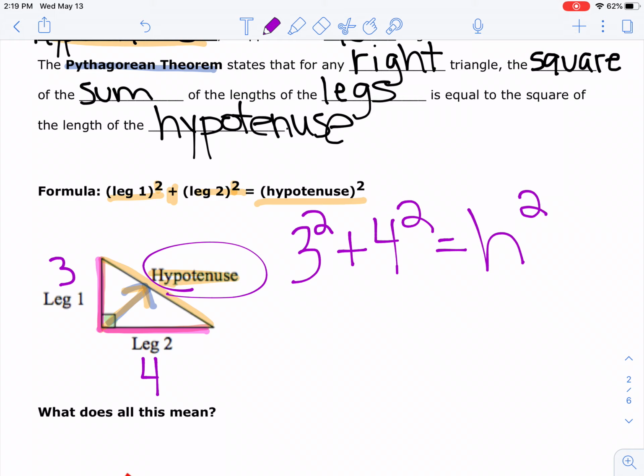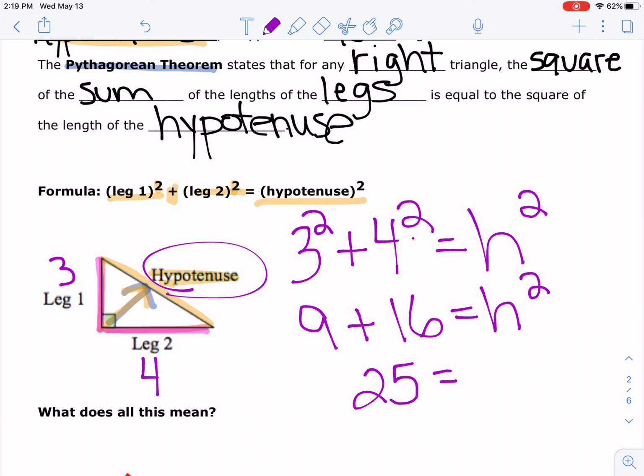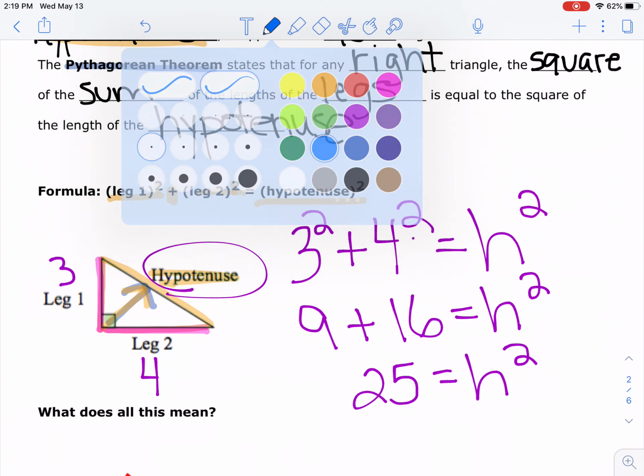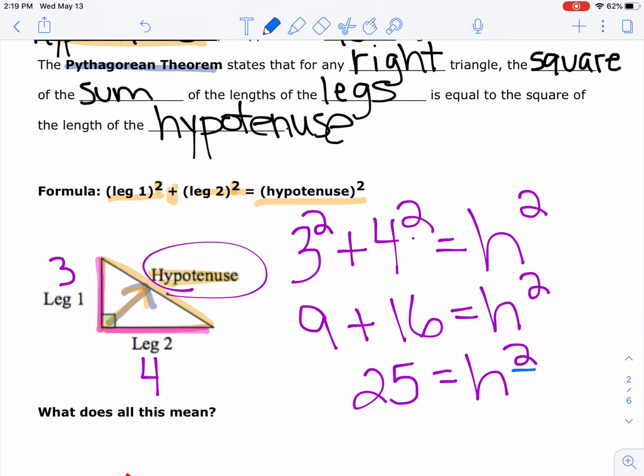So 3 squared is 9. 4 squared is 16, and that equals the hypotenuse squared. 9 plus 16 is 25, and that's equal to the hypotenuse squared. Now I want to solve this equation. So what is the opposite of a square? We just did it above.